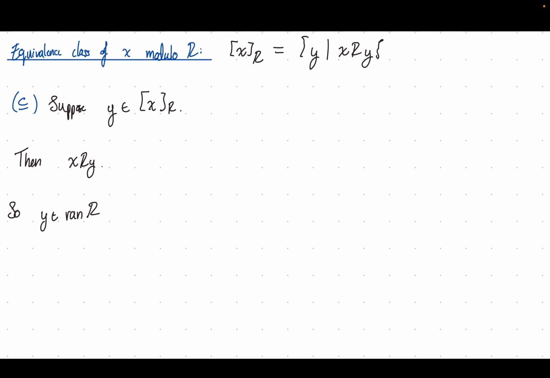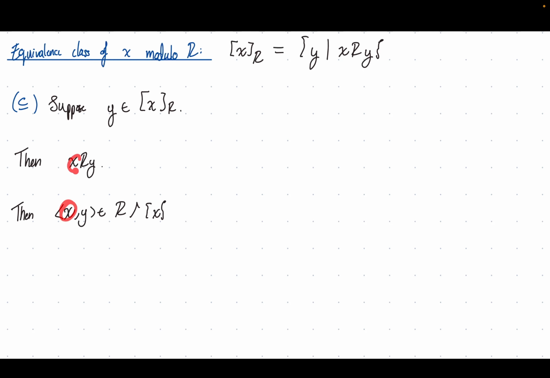Then x comma y is in R restricted to just the set containing x. Why?